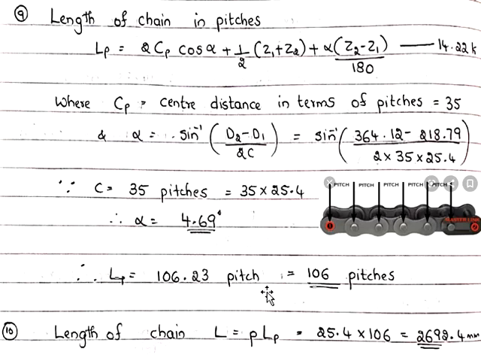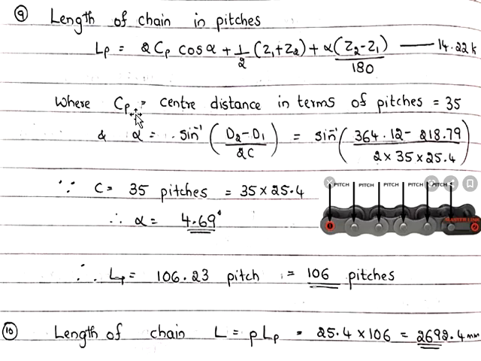That can be rounded up to 106 pitches. Remember the difference between Cp and C. Cp means it is the center distance in terms of pitches, and C means that is the actual center distance. In order to get the C value, you have to multiply Cp into the pitch value.